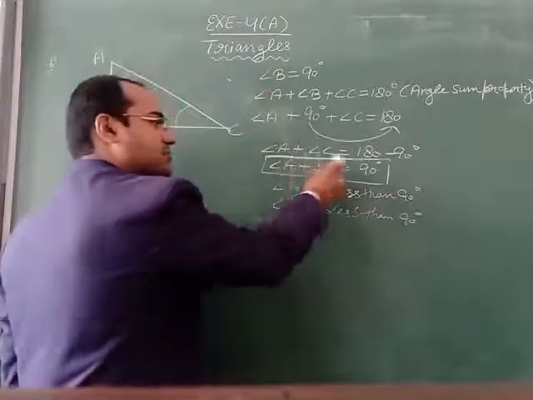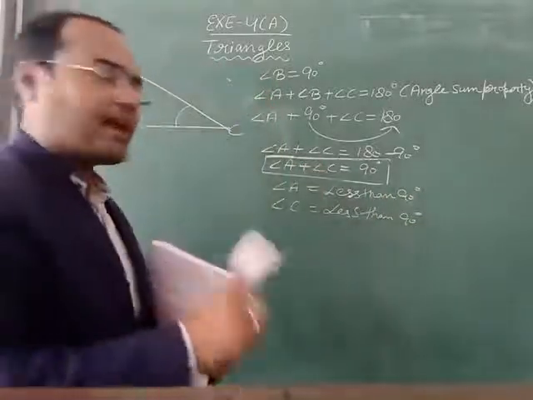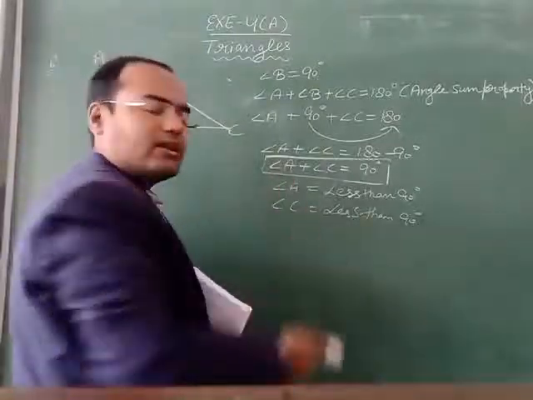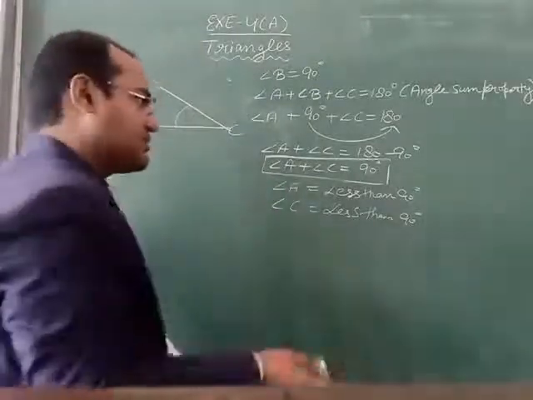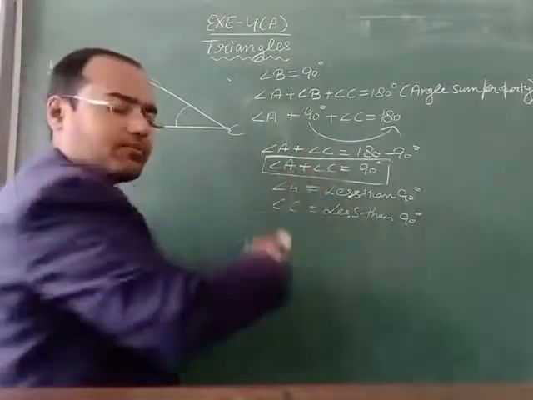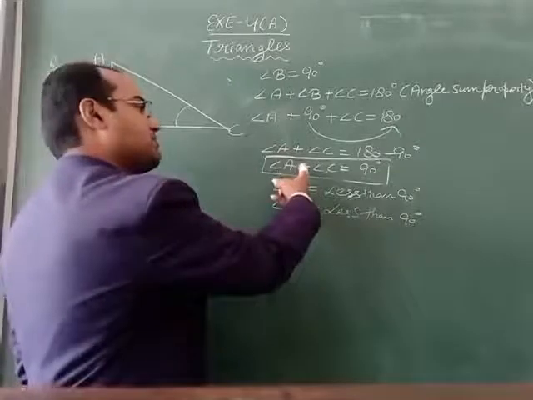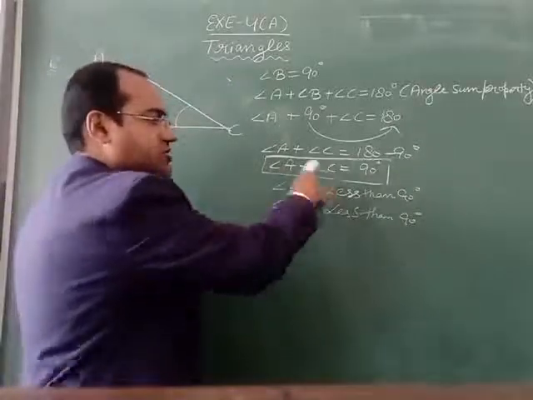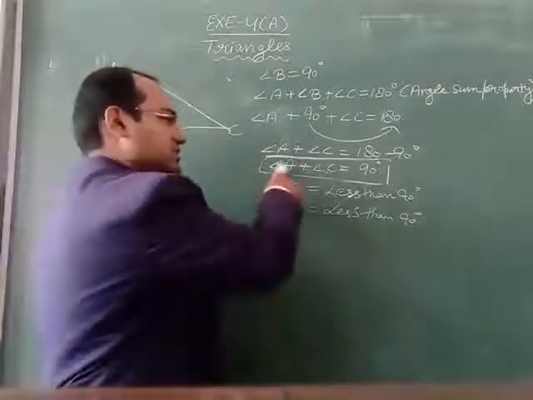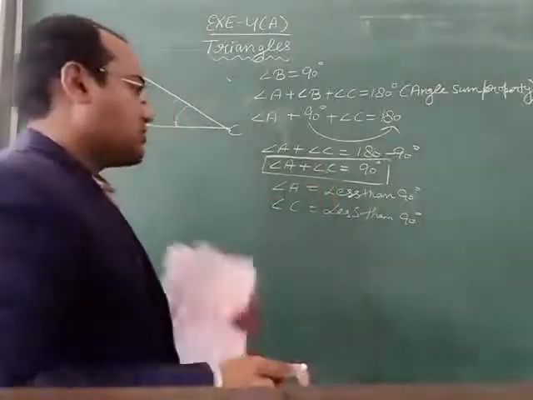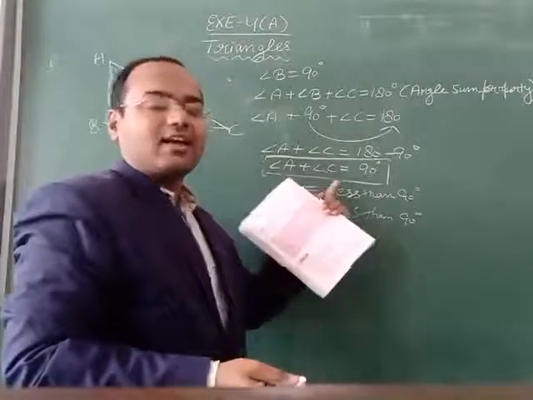Because when we add them together, we get 90. That means separately these two will be less than 90. As an example, if I give you, A will be 60 and C will be 30. Then 60 plus 30 will become 90. 60 is also less than 90. 30 is also less than 90. So that means two less than 90 angles are there.